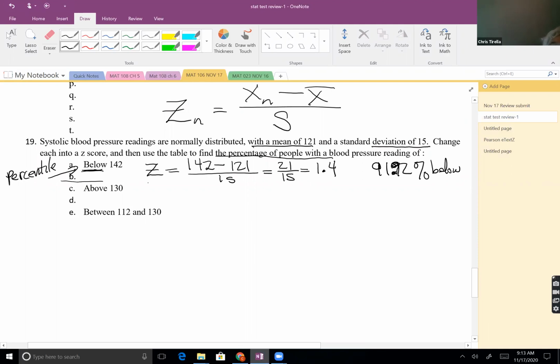Now we're going to do the similar work in terms of finding the z-score for 130. The z-score for 130 is 130 minus 121 divided by 15. 9 over 15 is going to give me, I think, 0.6.